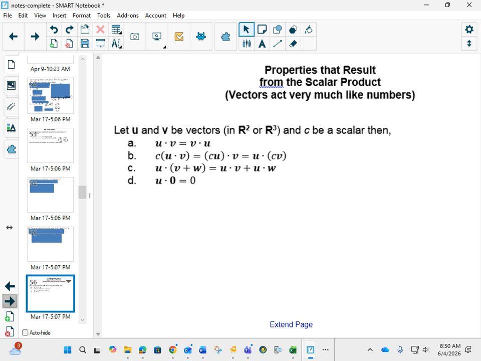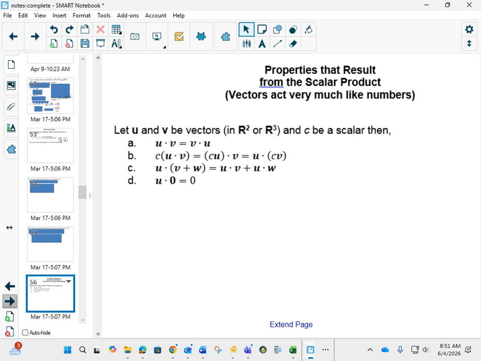If you have a number in front and then did the dot product, you could put that number in after you do the dot product, before you do the dot product with one of the vectors, or before you do the dot product with the other vector.